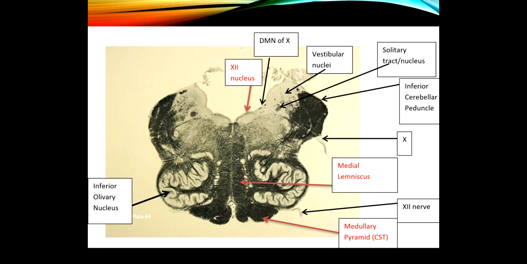And so let's just review here a little bit from our brainstem section that we have in the medulla: the medullary pyramids, the medial lemniscus, and the hypoglossal nucleus. So your medial medullary syndrome involves these three structures, two pathways and a nucleus.